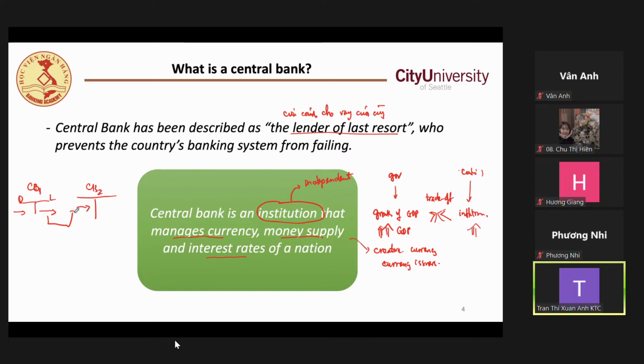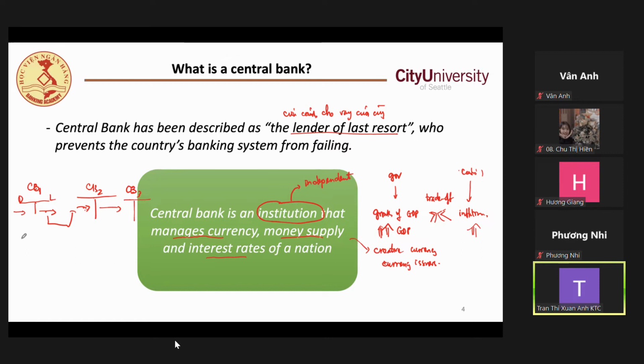So here the lending from bank one becomes the deposit of bank two. And bank two takes deposits from this person and makes loans again to others. The others take money and put it in bank three, commercial bank three. Okay, so here you can see the process. So money is created again and again across the whole banking system.